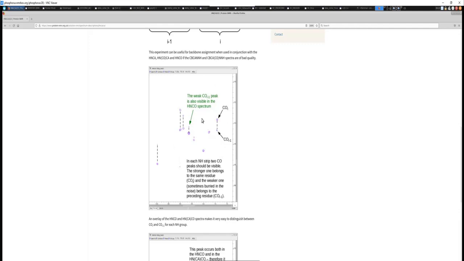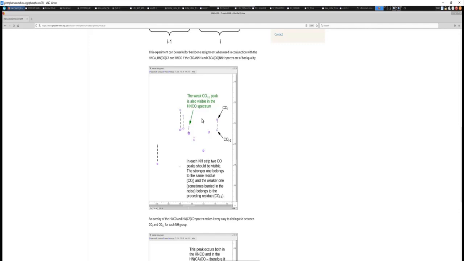Now, I don't have an example of it because in this data set we didn't run an HNCACO. However, the theory is very similar to all the experiments we've seen so far. You're able to go forwards and backwards using your carbonyls if you have these two pairs of experiments.